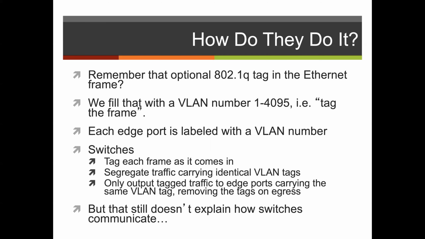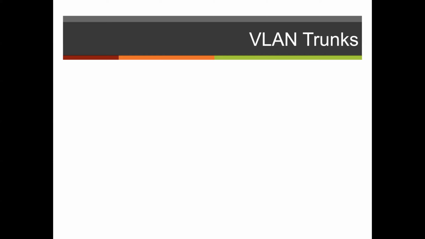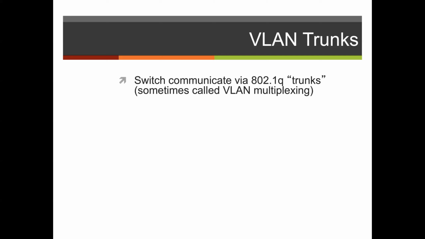But we still need to address how these switches communicate. And so communication occurs using trunking. A VLAN trunk is a mechanism that can be used to provide network access to multiple clients that share appropriate physical resources.